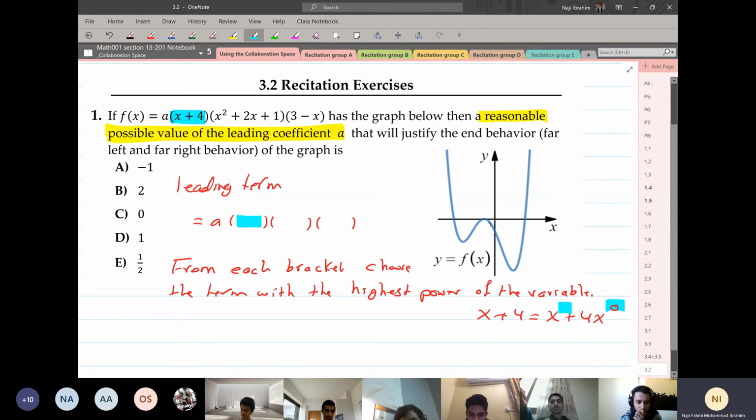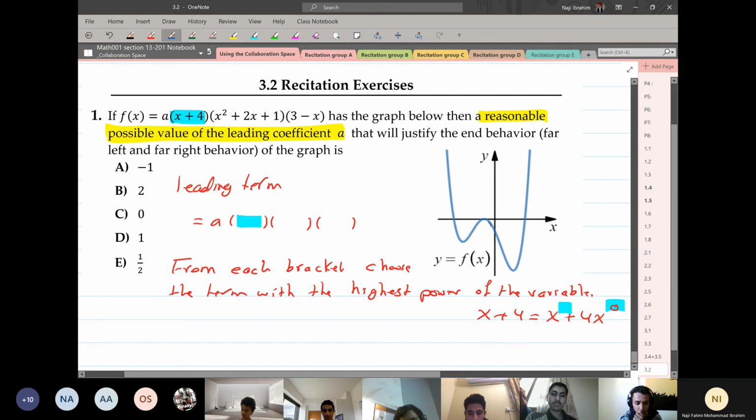The power of x is 1, ya Hassan. This means I will cancel the 4. I'm trying to find the leading term. I will cancel the 4.